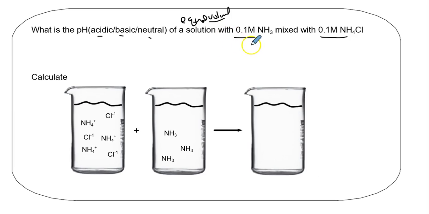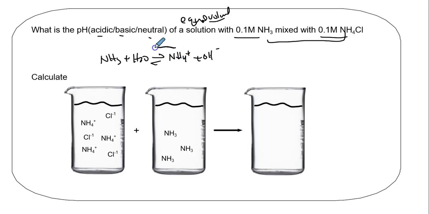Because of the Ka's we just had here, these two would be mixed, and so they would run out. We'd have the desired reaction, NH3 plus water produces NH4 plus and OH negative.